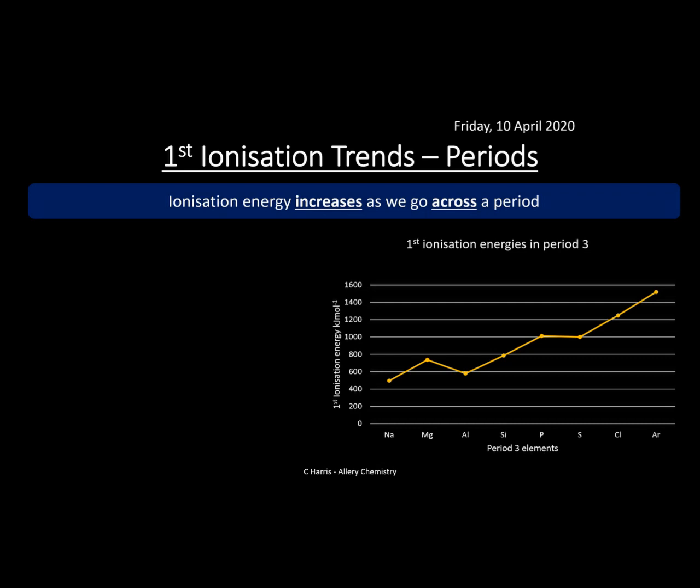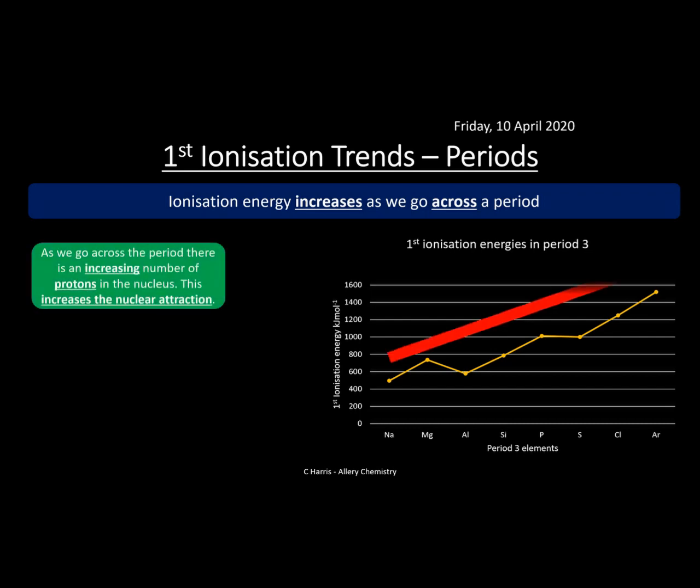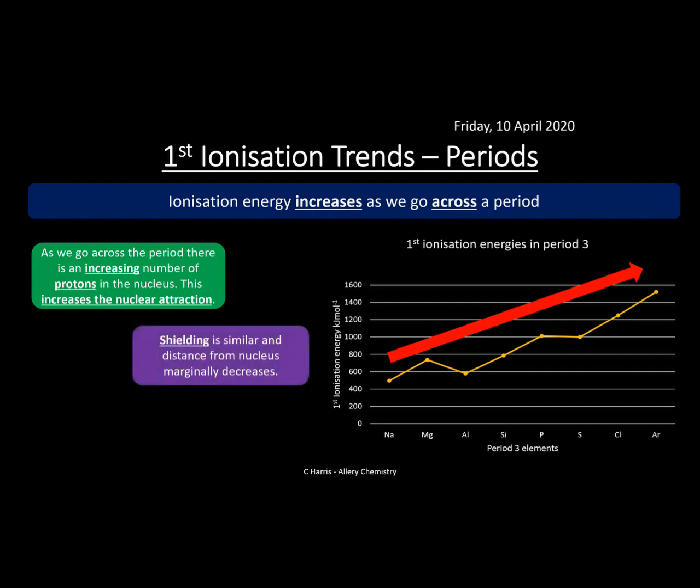So if we go across a period, so we're going across period 3 now, along the periodic table, the ionization actually increases. So as we go across period 3, we have an increase in the number of protons in the nucleus, but the same number of shells, as you'll see here.